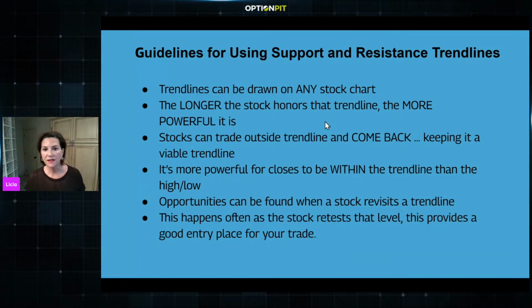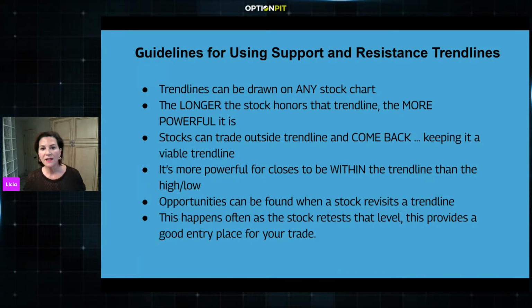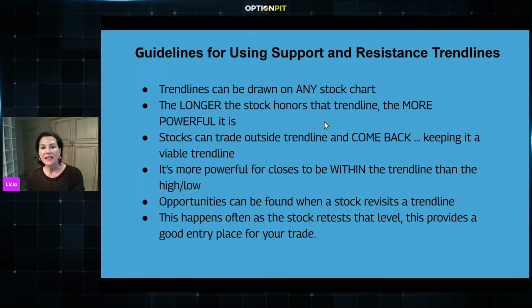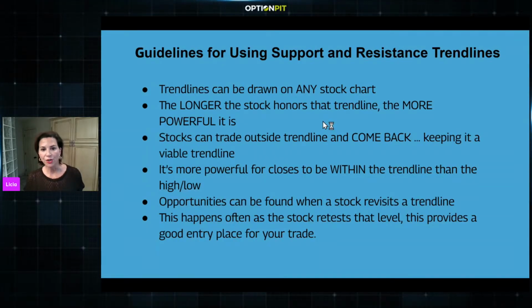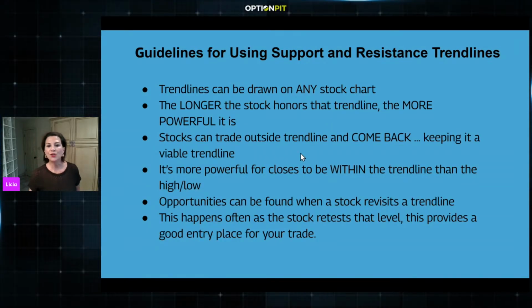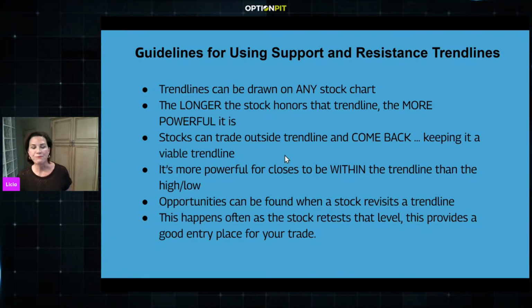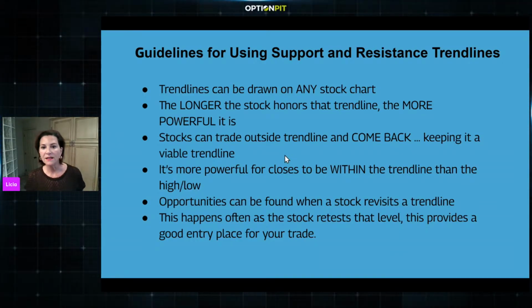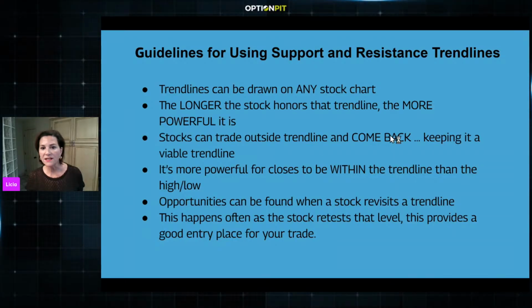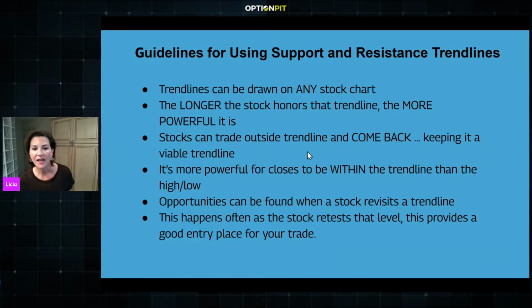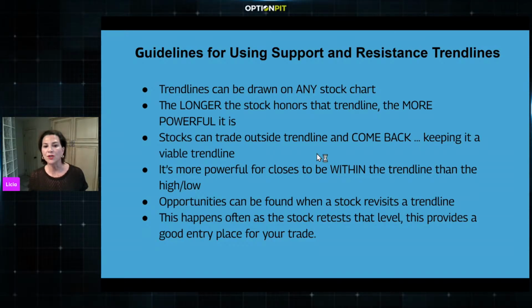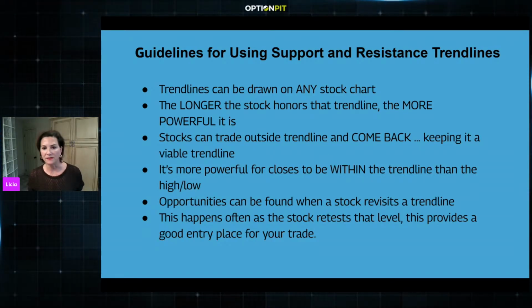If it's been back to this level in history and then revisited, it's a powerful, very good trend line. When it trades away from it, you may not want to delete it. You may want to keep it because it can come back and become a viable price level once again.